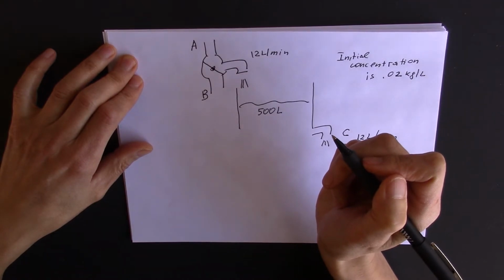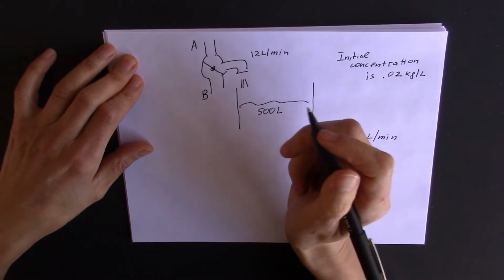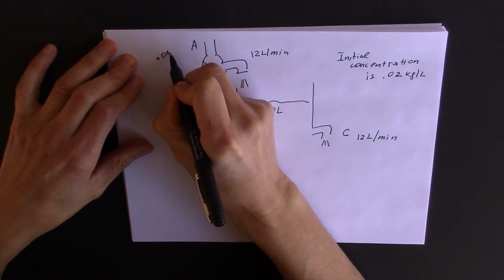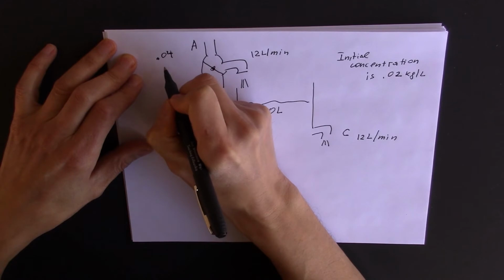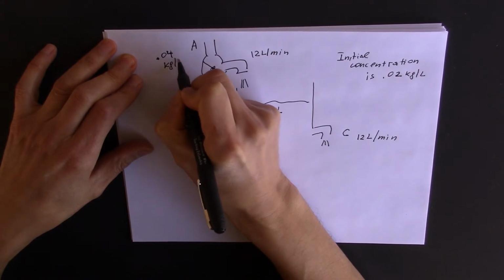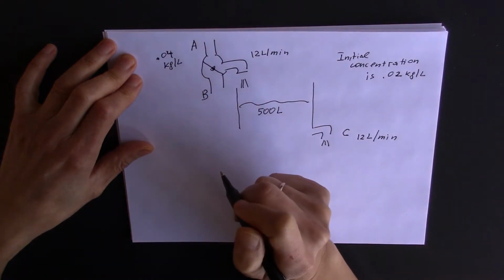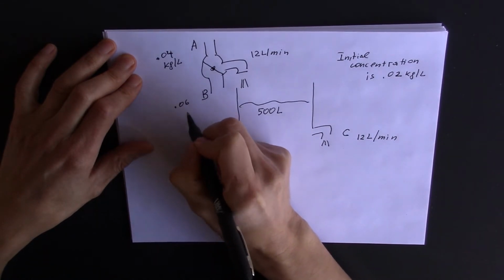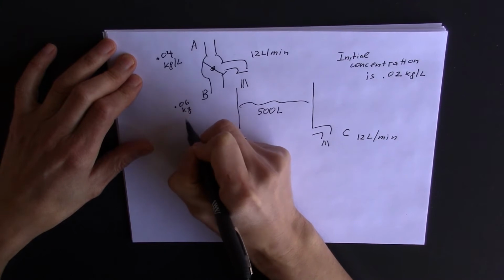In pipe A, we have concentration 0.04 kilograms per liter, and if it's pouring from pipe B, it has concentration 0.06 kilograms per liter.